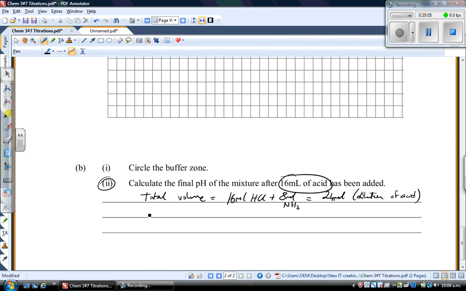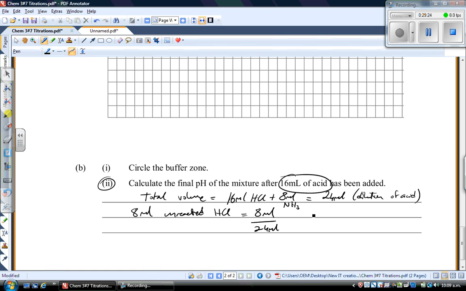The concentration of the HCl that's remaining: you've 8 mL of unreacted HCl. The first 8 mL were used to neutralize the ammonia at the equivalence point, and then the remaining 8 mL have been diluted into 24 mL.